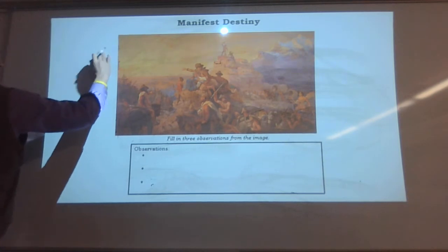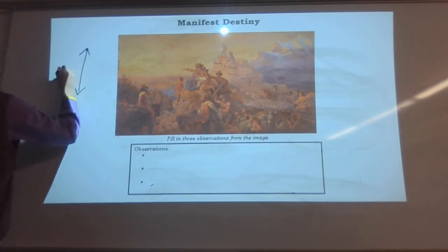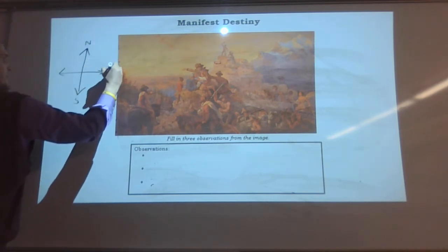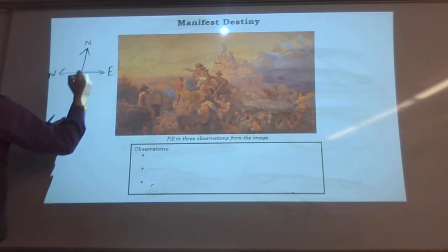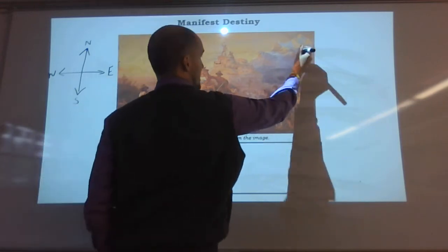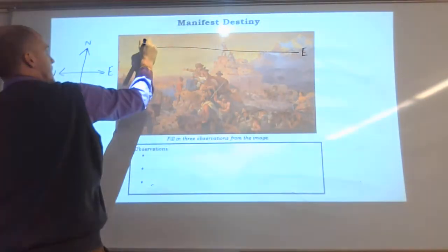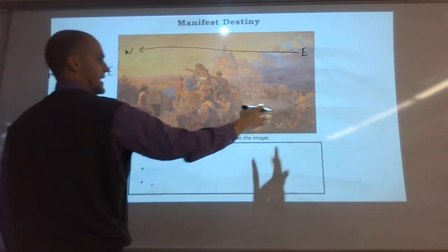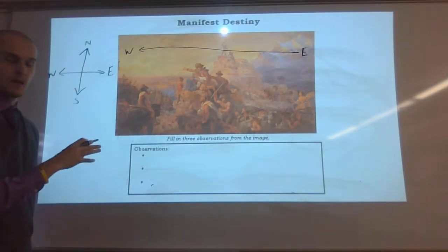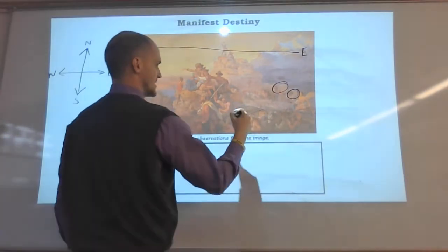If you're looking at a compass, north, south, east, west. Never eat soggy waffles. The people are going from east to west. They are migrating from east to west in the picture. You can tell by the wagons how much stuff they're carrying.